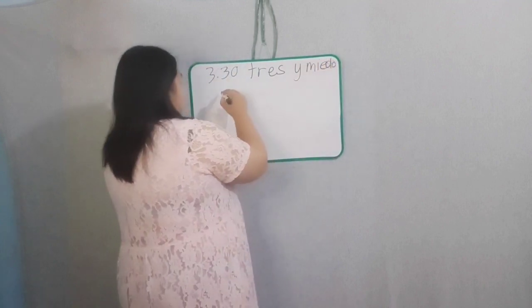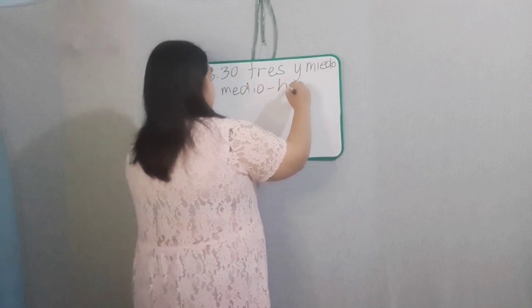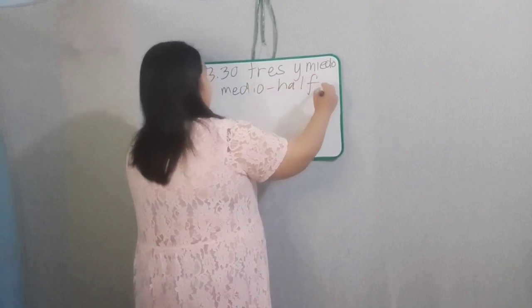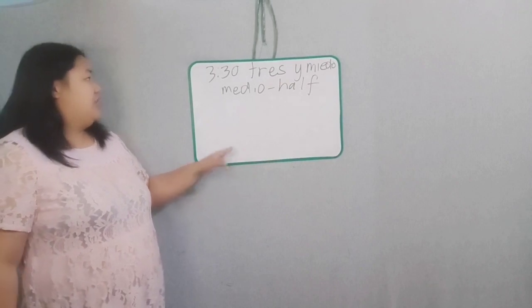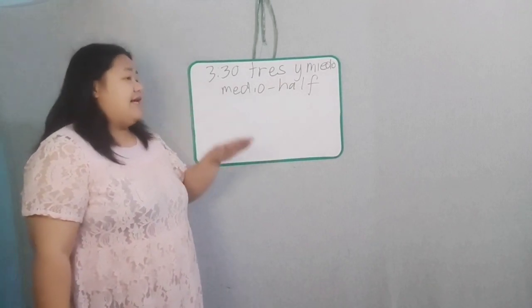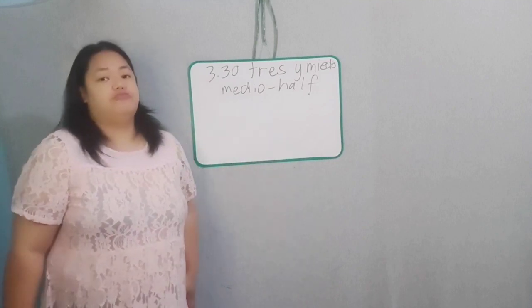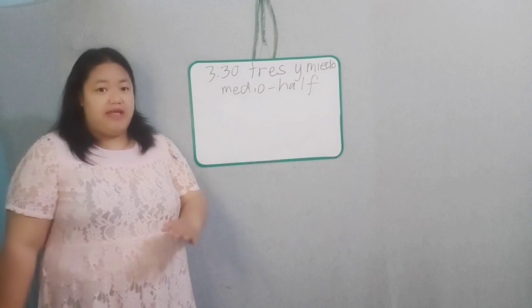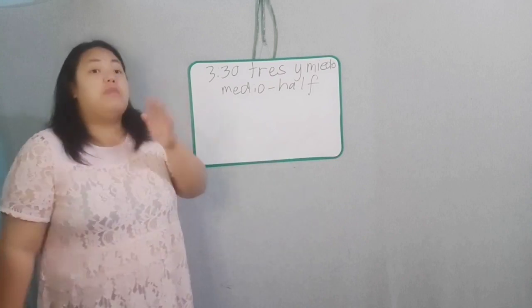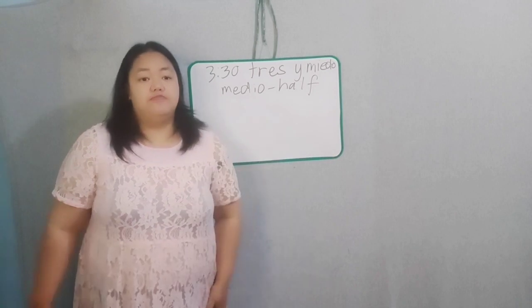The reason why is media is half in Spanish. So how you read like 4:30 is son las 4 y media. Son las 10 y media. Son las 9 y media. So that's how you read your 30.